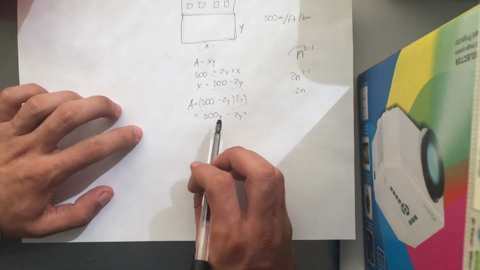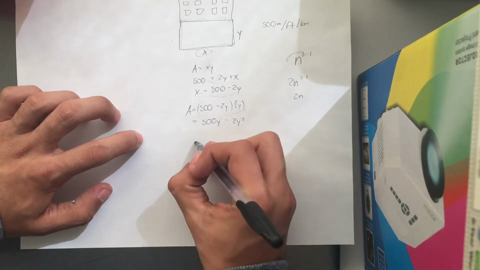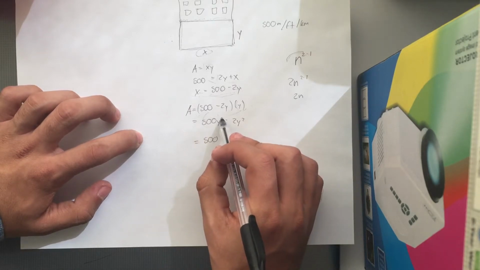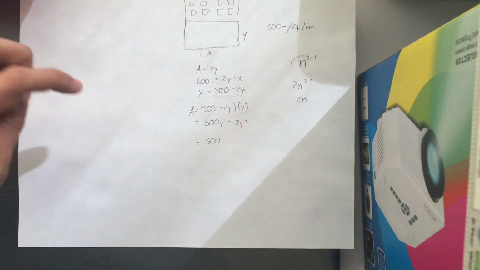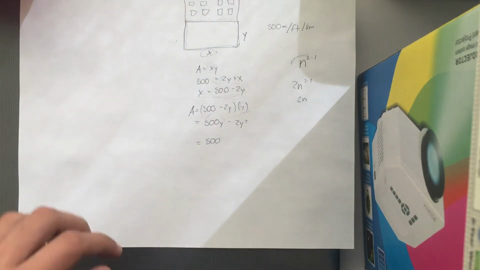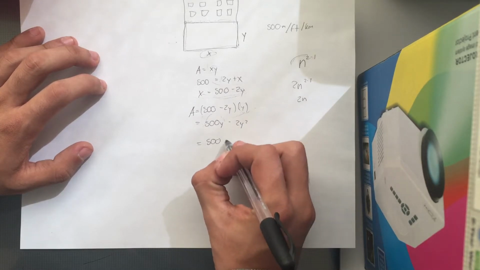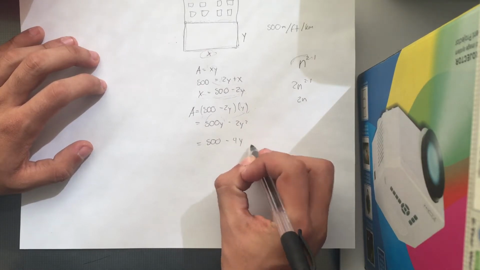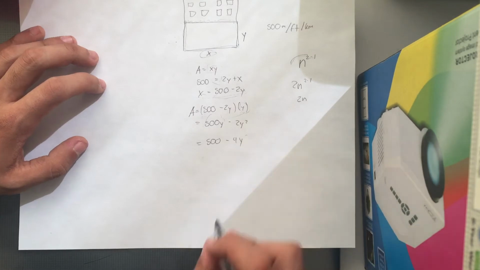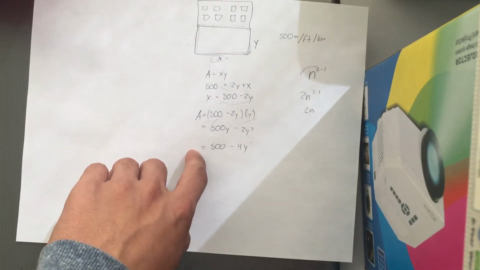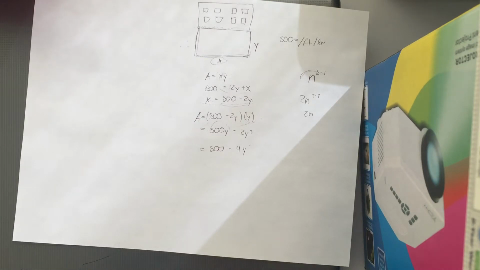So to derive this we get 500, because we dropped the exponent and subtract 1, so y to the 0 is just 1, and 2 times 2, 4y. 2 minus 1 is 1, so we don't need to specify that. Okay, we're done deriving.